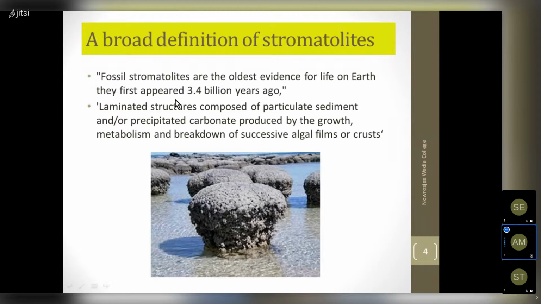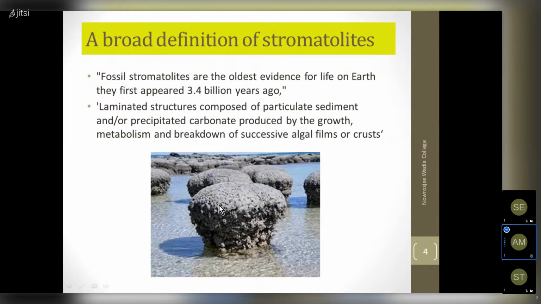They first appear approximately 3.4 billion years ago, at the Precambrian time, in which they are laminated structures composed of particulate sediments and/or precipitated carbonate produced by the growth, metabolism, and breakdown of successive algal films or crusts.